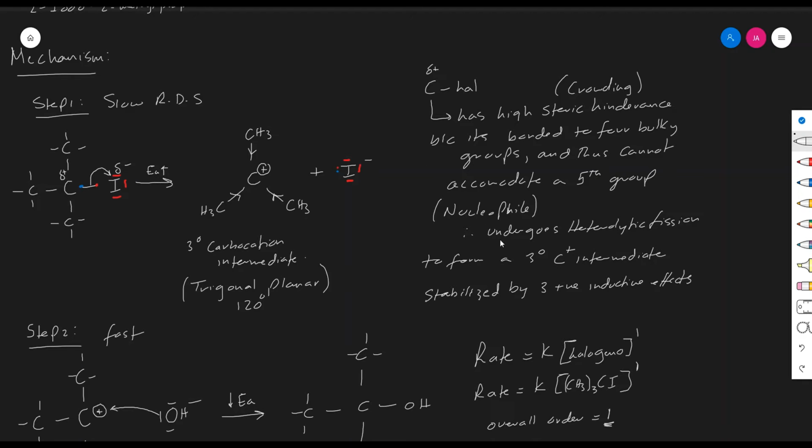Therefore, as I previously stated, it undergoes heterolytic fission to form a tertiary carbocation intermediate stabilized by three positive inductive effects.